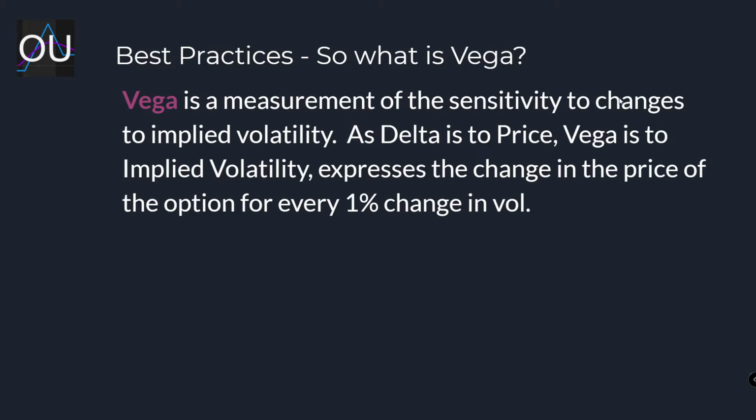If you think of it, for me anyway, as delta is to price, Vega is to implied volatility. As delta is a measurement of the sensitivity to price changes, Vega is a measurement of sensitivity to changes in volatility. Vega expresses the change in the price of the option for a 1% change in vol.